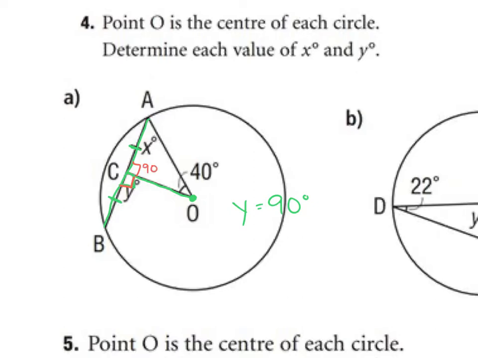And remember, the interior angles inside a triangle add to 180. In the triangle I've outlined in green, I have 40 degrees and 90 degrees. So 180 minus 90 minus 40 gives me X, and X is equal to 50 degrees.